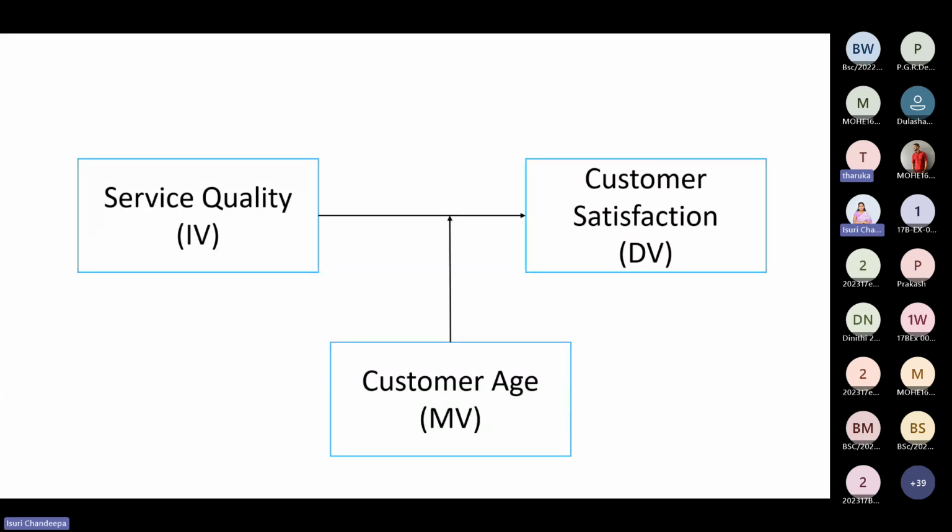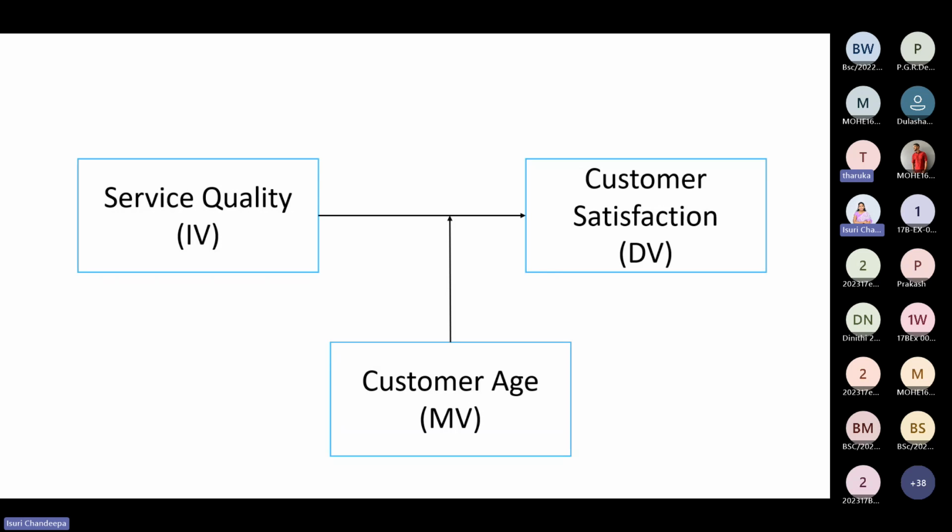Likewise, as the moderator, if we are concerned with persons, you can take those things as the moderator.